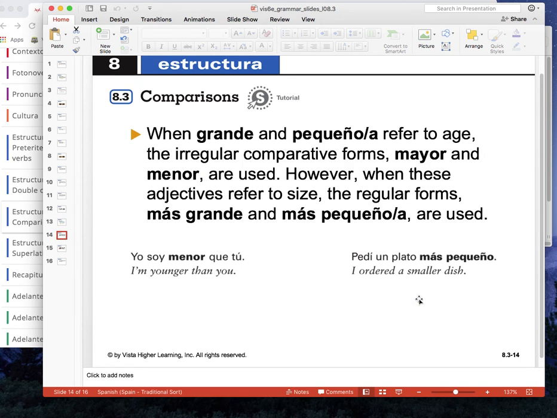So when grande and pequeño refer, this is a little bit more on that. When grande and pequeño refer to age, the irregular comparative forms mayor and menor are used. However, when these adjectives refer to size, the regular forms más grande y más pequeño are used. I just mentioned that a second ago. So yo soy menor que tú, right, younger, but pedí un plato más pequeño, like a smaller dish.